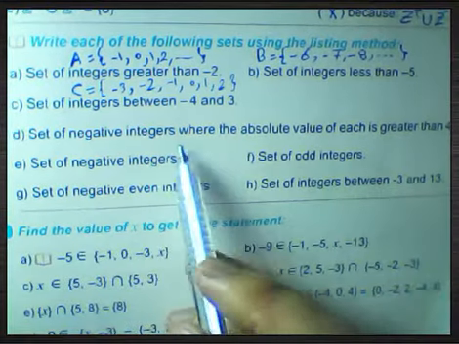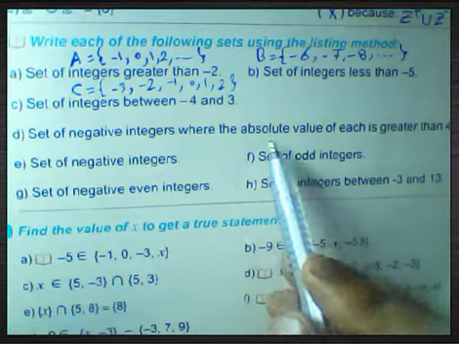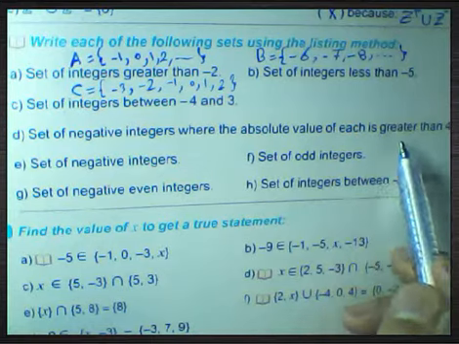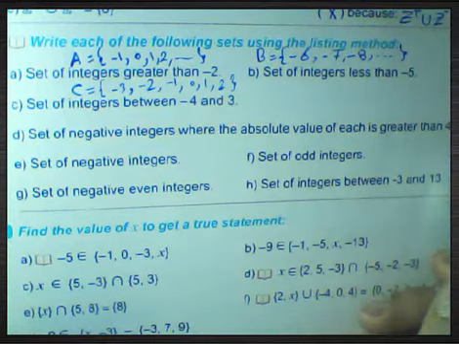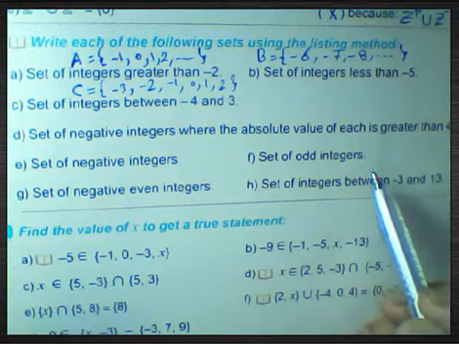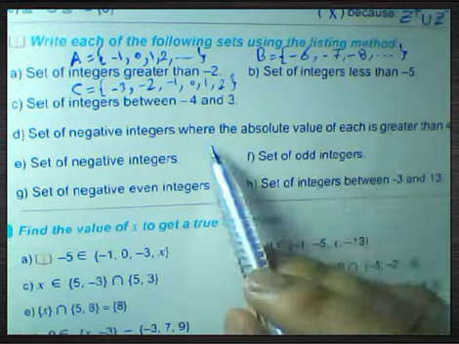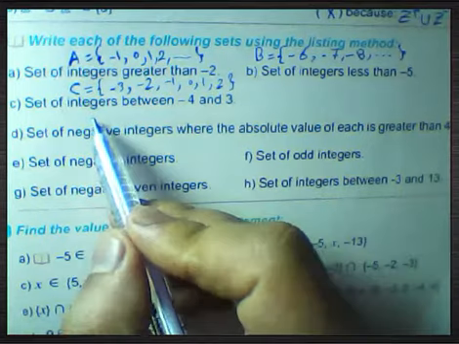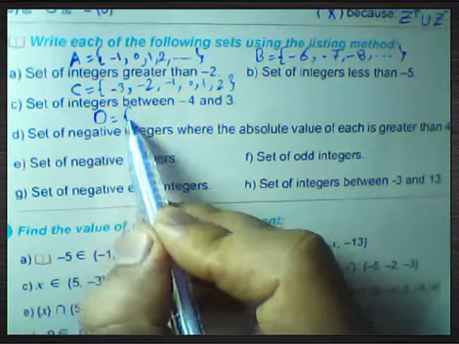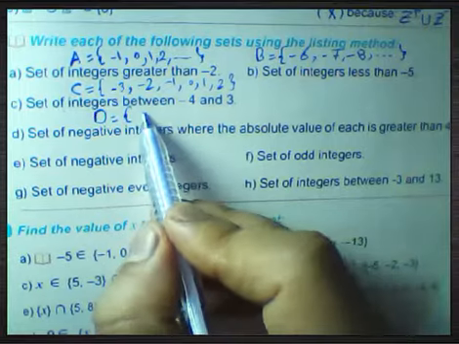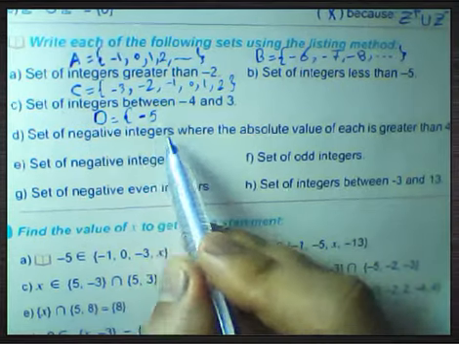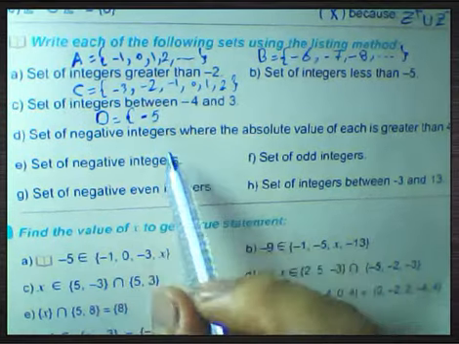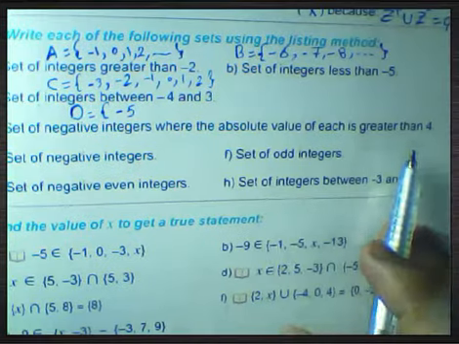Set of negative integers where the absolute value of each is greater than 4. You want to find the negative integers where the absolute value of each is greater than 4. We can write negative 5, because the absolute value of negative 5 equals 5, and 5 is more than 4.